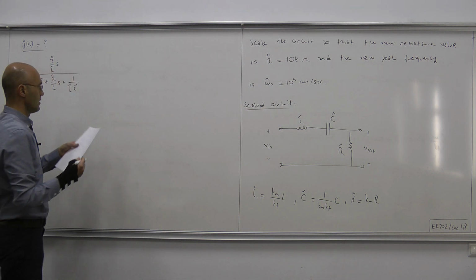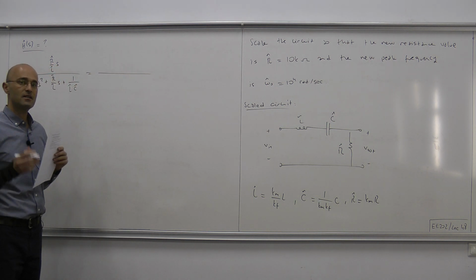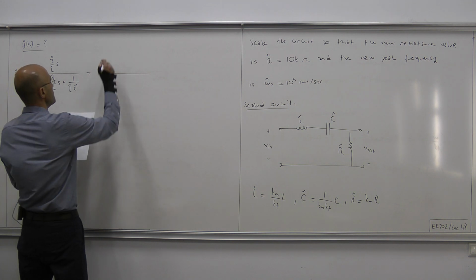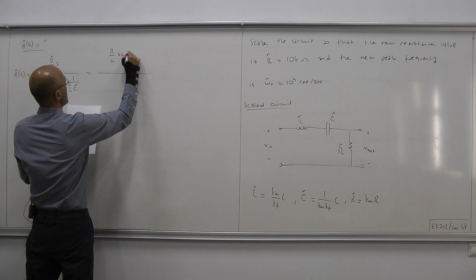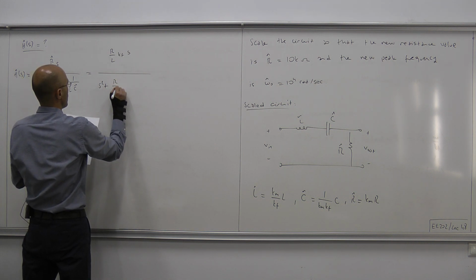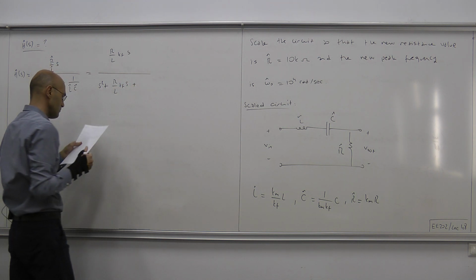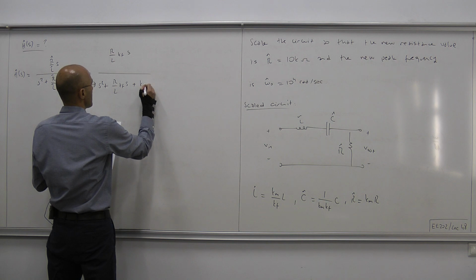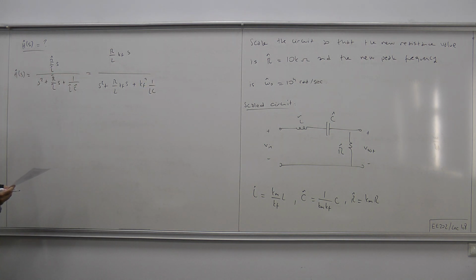Okay, so that in terms of the old parameter values and scaling factors produces the following: r over l kf s over s squared plus r over l kf s plus kf squared 1 over lc.